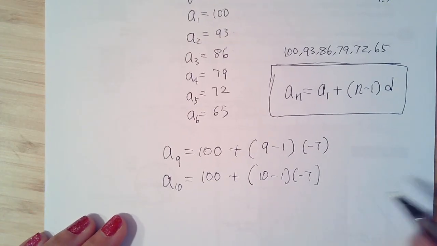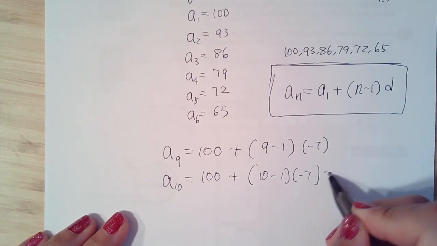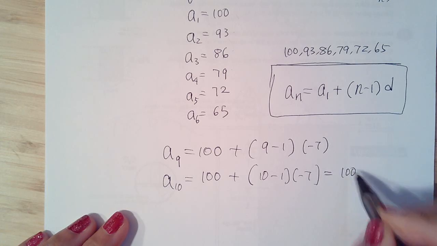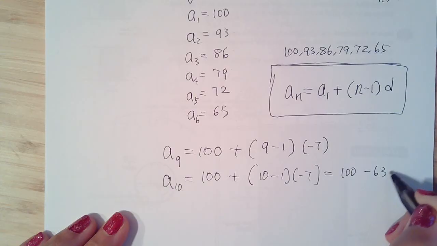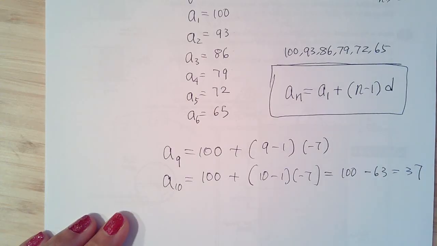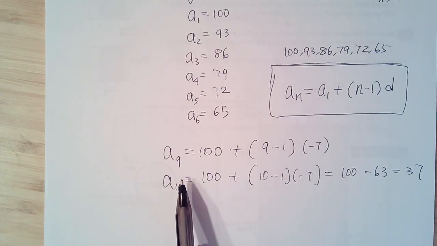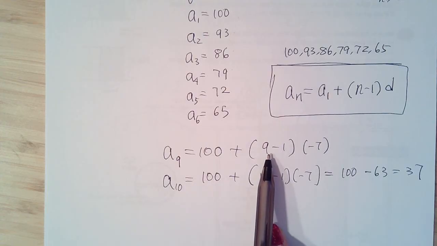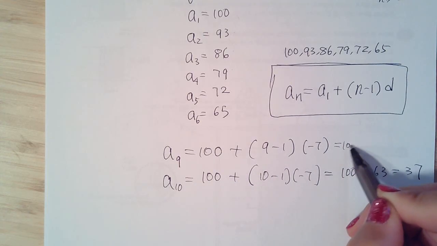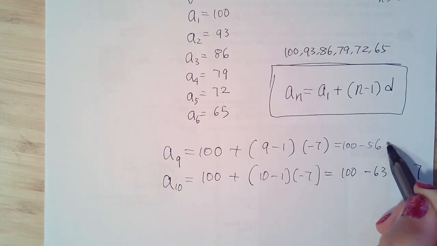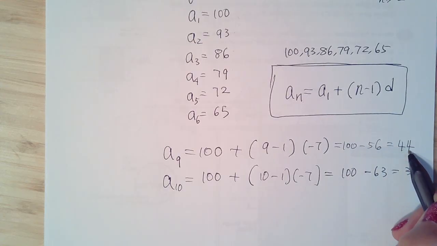So that is 100, 10 minus 1 is 9, and 9 times negative 7 is negative 63. So the answer is 37. Can you find the ninth term? Yes, because 9 minus 1 is 8, and 8 times 7 is 56. So it's 100 minus 56, which is 44.